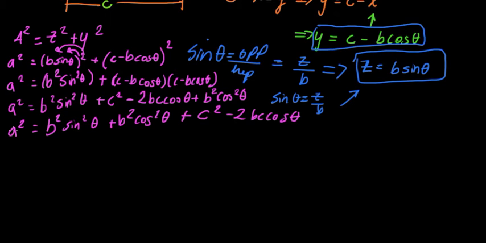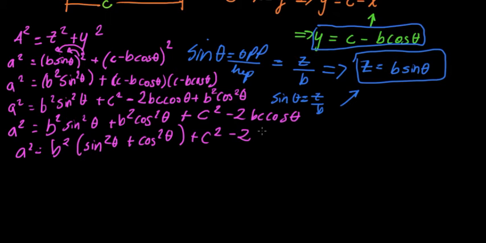And now we'll factor out a b squared, and we'd be left with sine squared theta plus cosine squared theta, plus c squared minus 2bc cosine theta. And then from here we'll take a squared is equal to b squared.